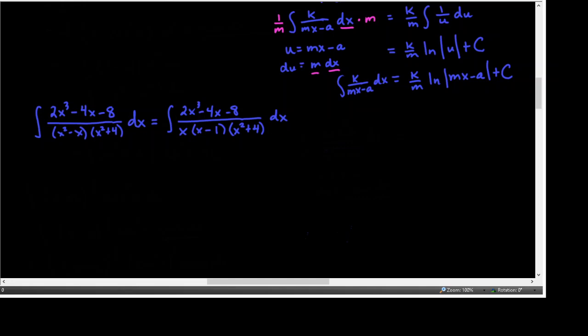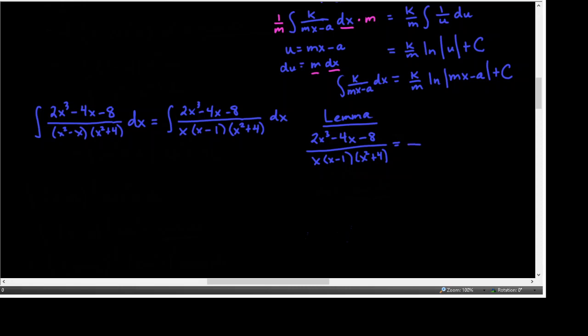All right, so go over to the side and do a lemma to decompose this into partial fractions. So 2x cubed minus 4x minus 8 over x times x minus 1 times x squared plus 4. So we're going to have a fraction with each factor in the denominator now as its own denominator.